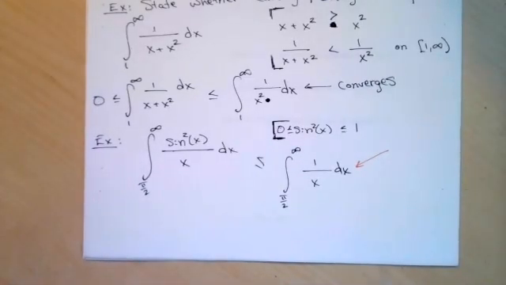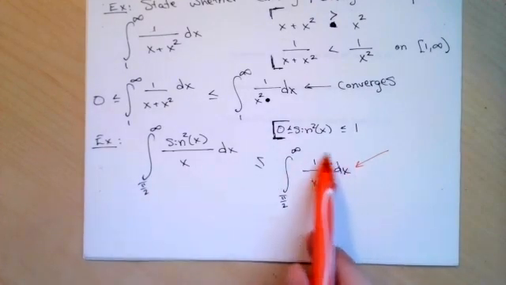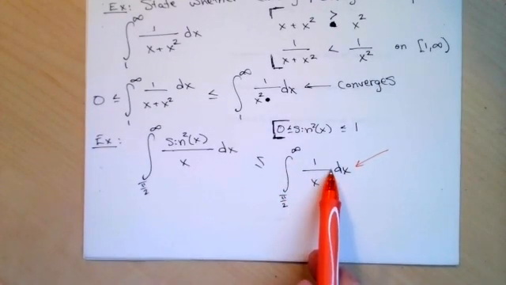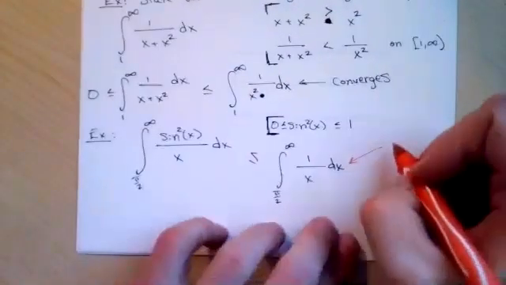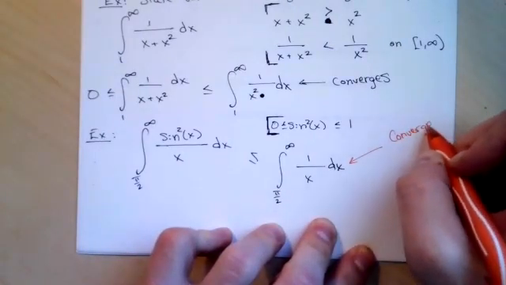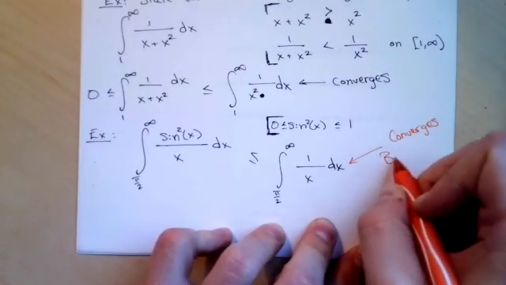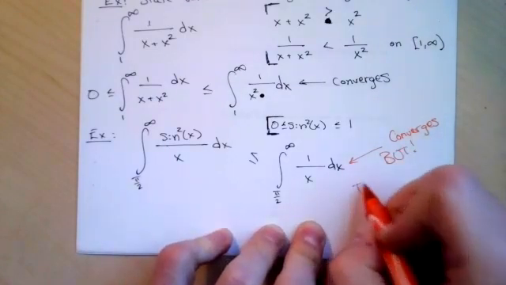If we're trying to do a direct comparison theorem, what happens to 1 over x? Sine squared x is less than 1. The max sine squared x can be is 1, so we use that. So this guy converges, but you gotta be careful. Test is inconclusive.